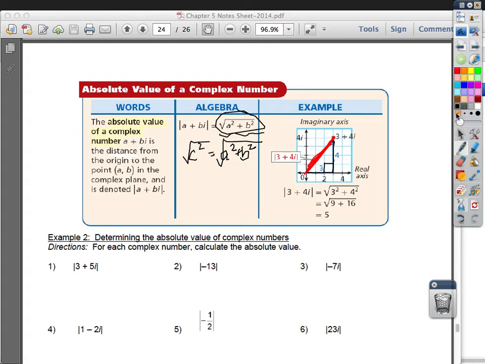Basically all you've got to do is look at the complex number given to calculate the absolute value. Well, here's your a, here's your b. Oh my goodness, it is so nice when math works and letters line up and things make sense. So your a is 3, your b is 5. You're not going to be dealing with the idea of i, and there are several reasons for that.